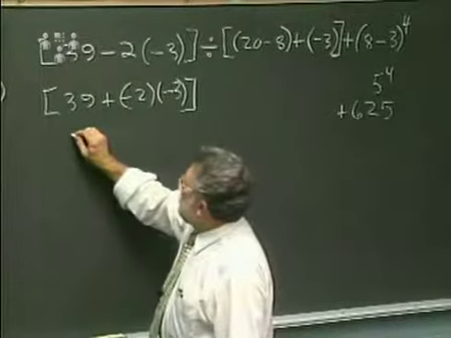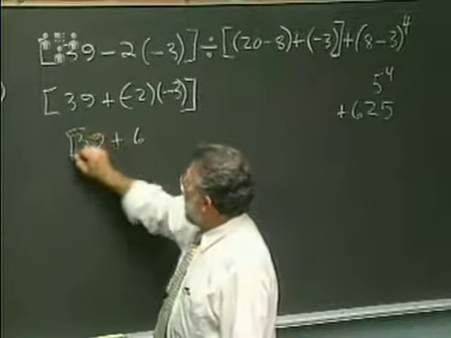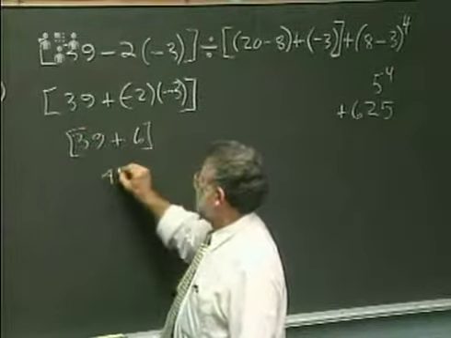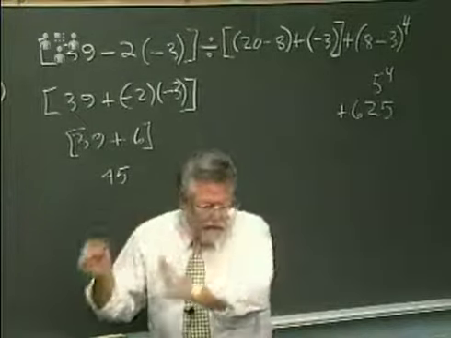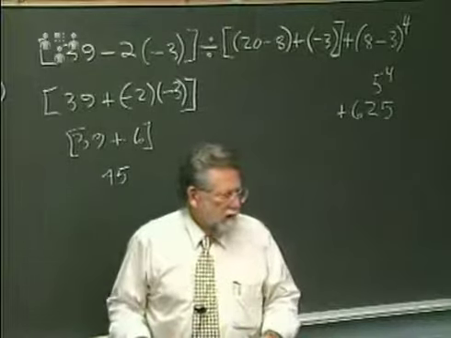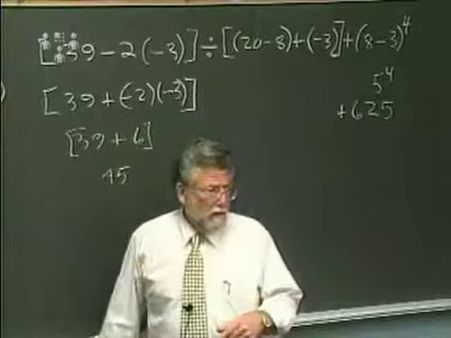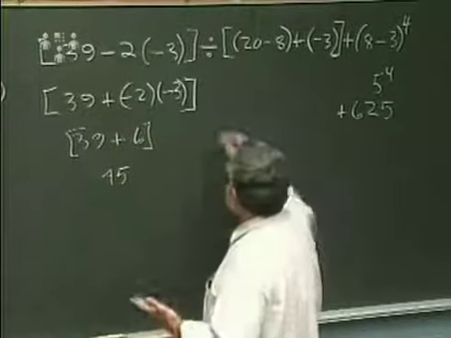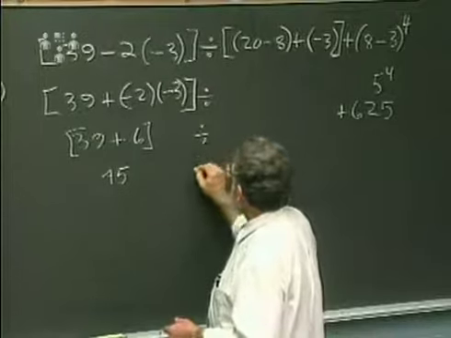So that's going to be 39 plus 6, also known as 45. So notice how I'm parsing it out, piece by piece. I think it's a little bit like the pyramid structure we did earlier. Okay, so I've got a division sign after this in each case, so that hasn't changed.